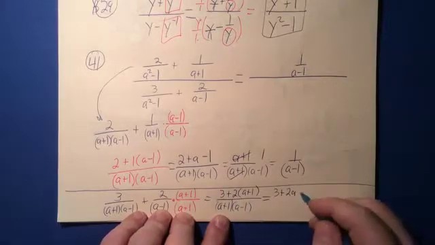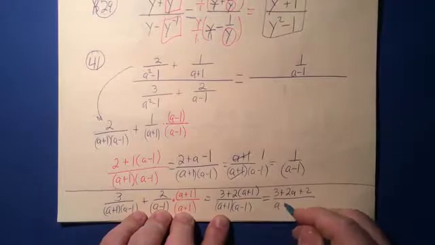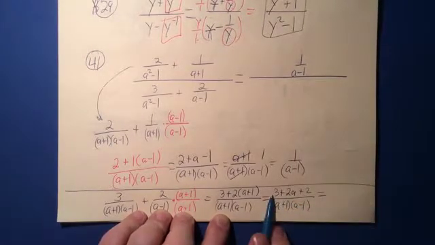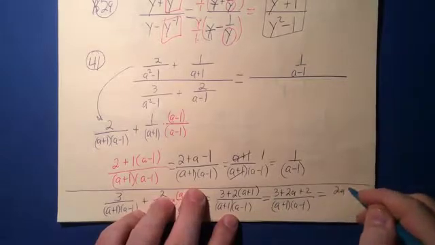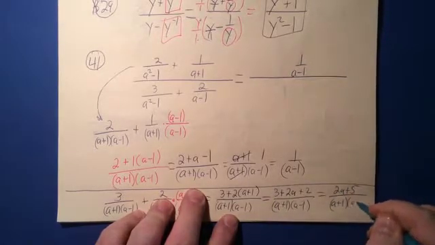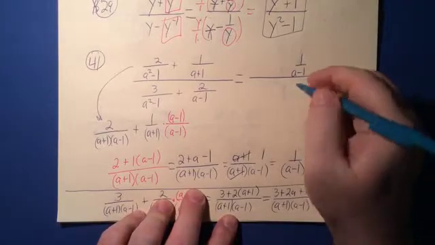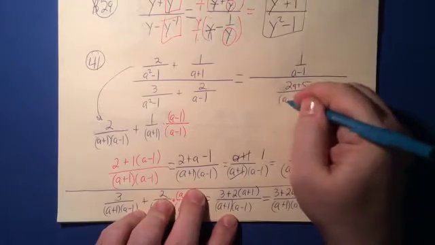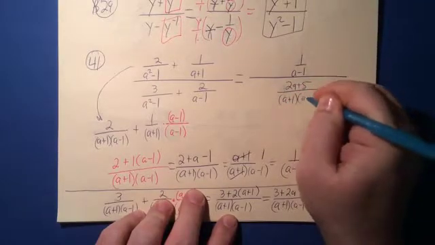Then 2 times 1 is plus 2. And this will be over a plus 1 times a minus 1. So as I simplify, this is going to be 2a plus 5 over a plus 1 times a minus 1. So down here I'm going to have 2a plus 5 over a plus 1 times a minus 1.